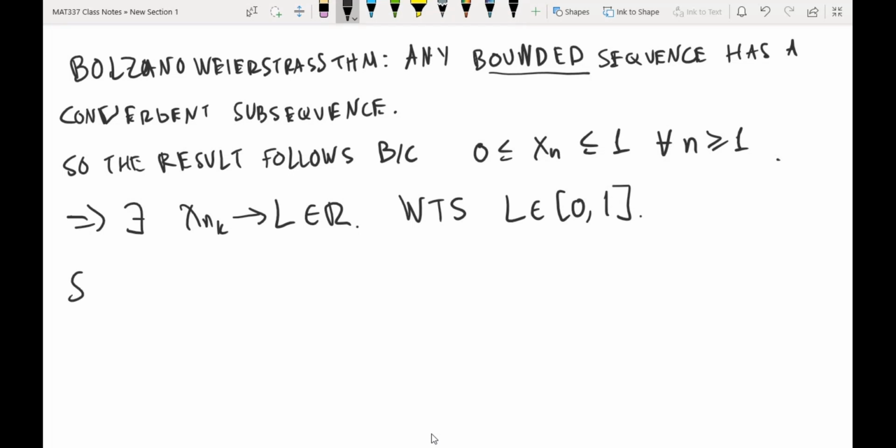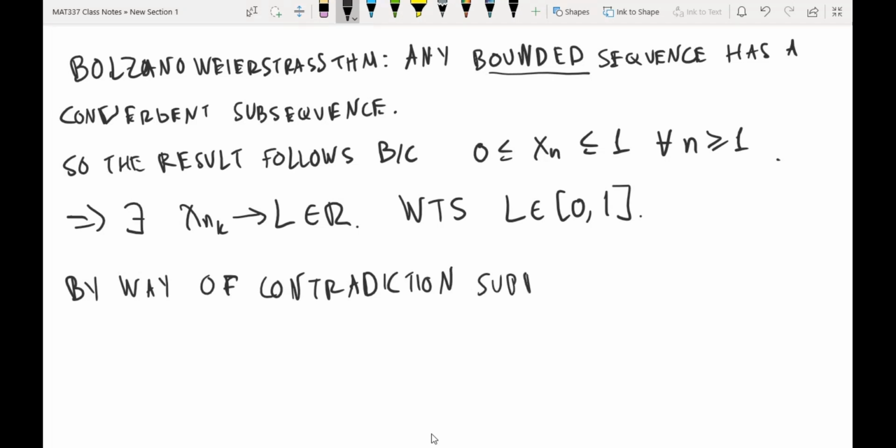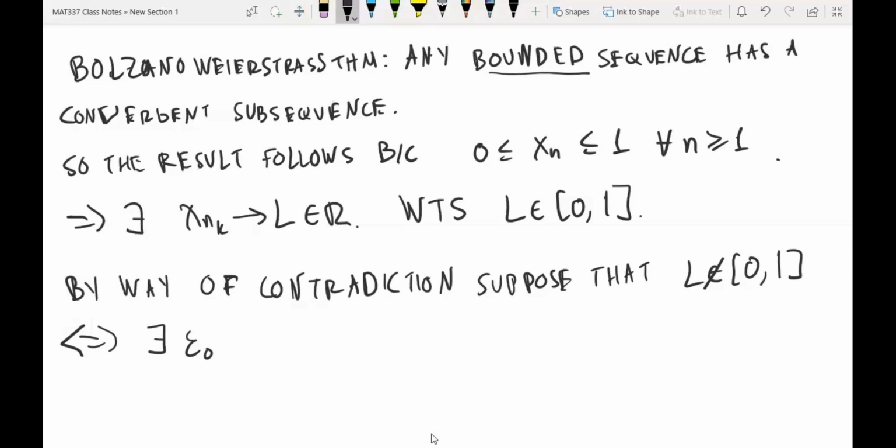So by way of contradiction, suppose that L is not in [0,1]. Meaning there exists epsilon naught. Let me actually define it.